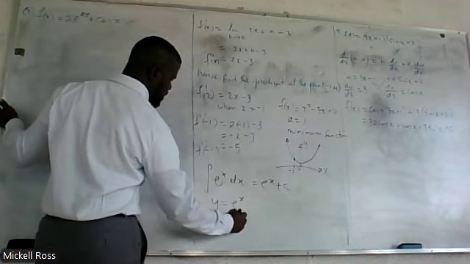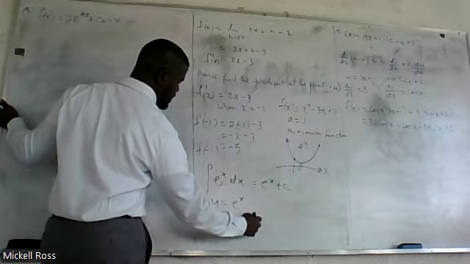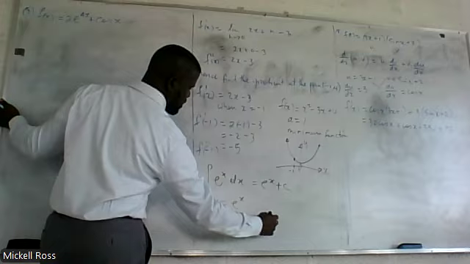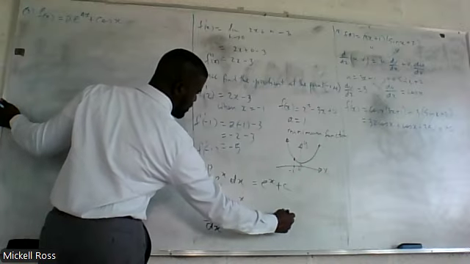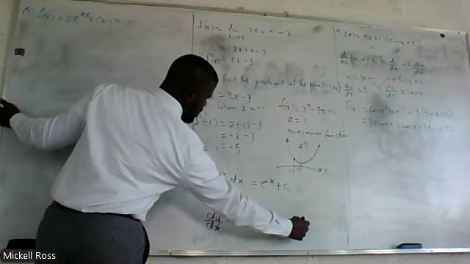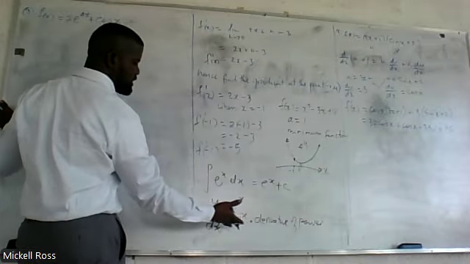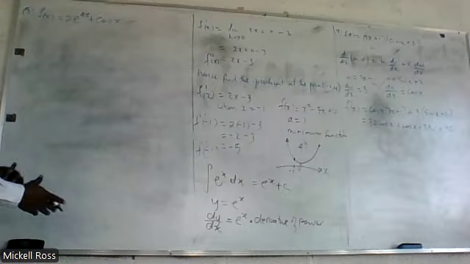It is going to be e to the x times the derivative of the power. But the derivative of the power in this case is 1. So when you differentiate e to the x, you just get back e to the x.